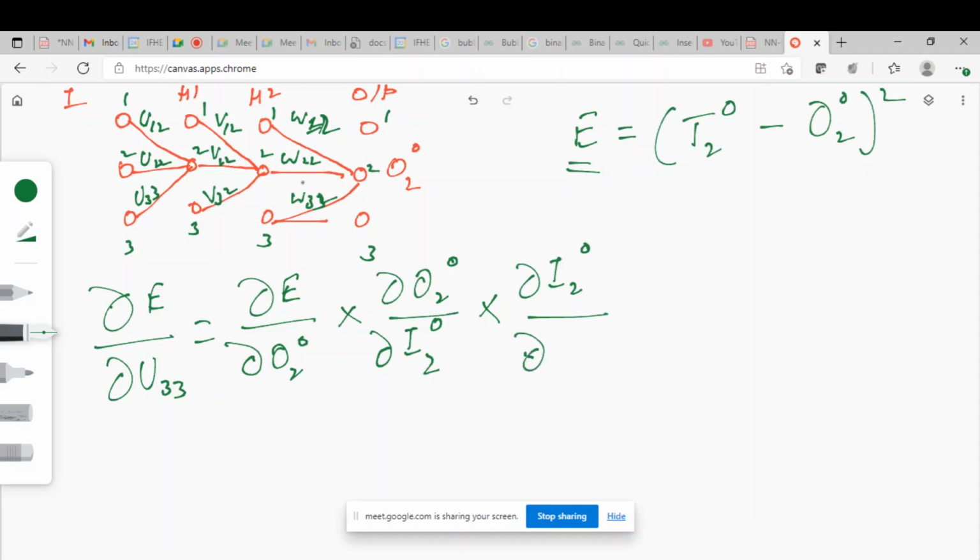Tell properly, output of which neuron of which hidden layer? We have two hidden layers. H2, second hidden layer. Okay. So how will we represent that? So it depends on the output of the second neuron of the second hidden layer. Okay. Is it clear?